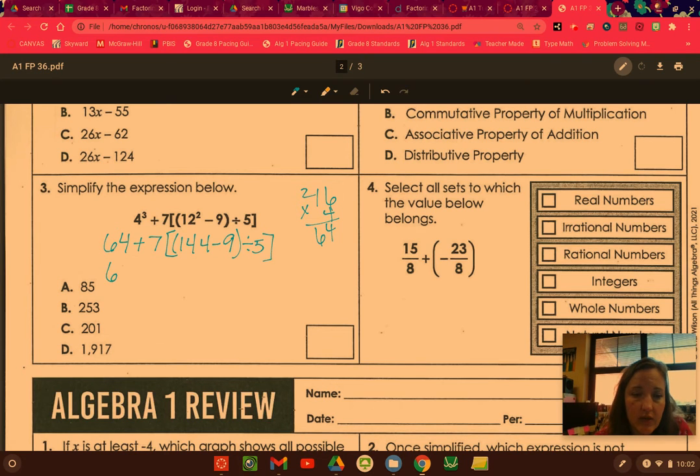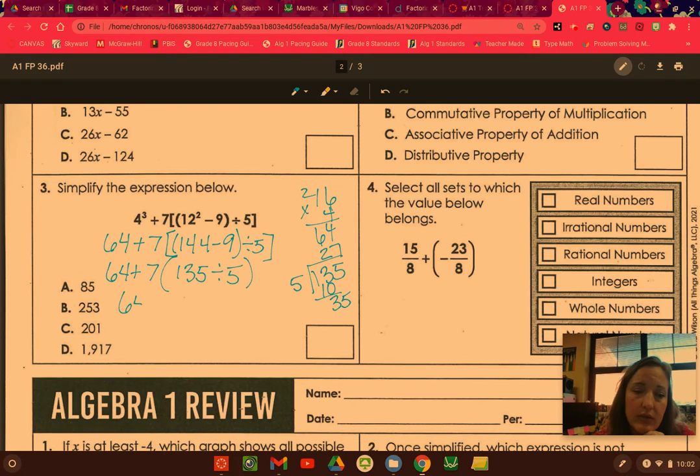So 64 plus 7, 144 minus 9, that's 135 divided by 5. And then what is 135 divided by 5? 27.